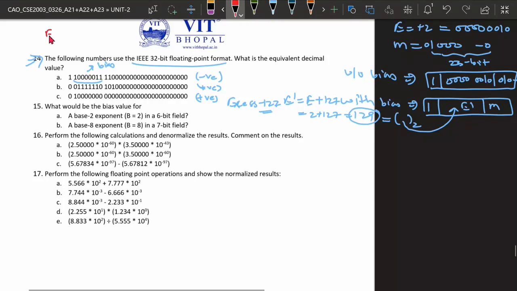What you need to do is e will be e dash minus 127. So whatever the exponent is there, you need to convert it into decimal, and whatever the decimal is there, you will be subtracting 127 from the decimal. That will be the exact exponent value. And the remaining part is Mantissa. You can convert it into the equivalent decimal form.